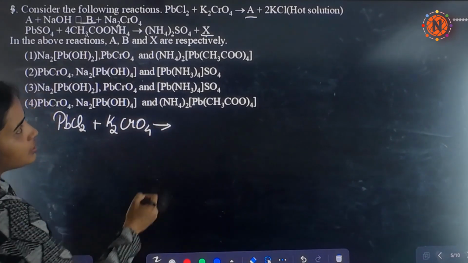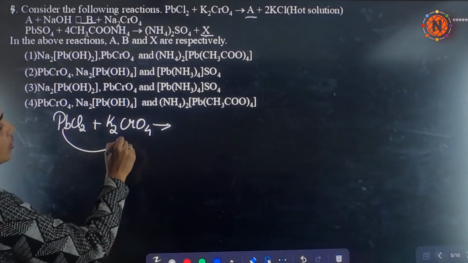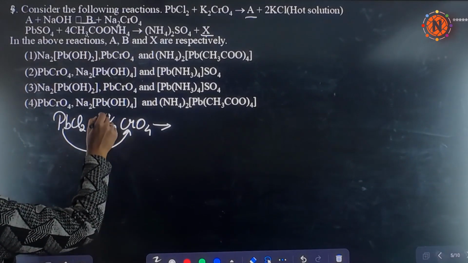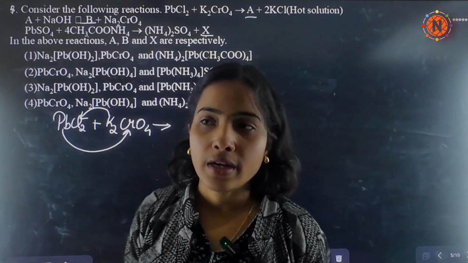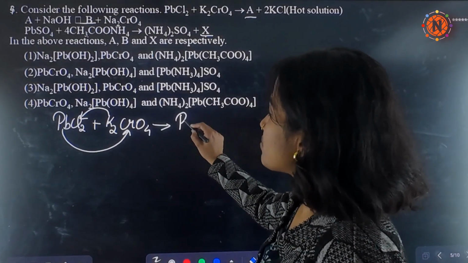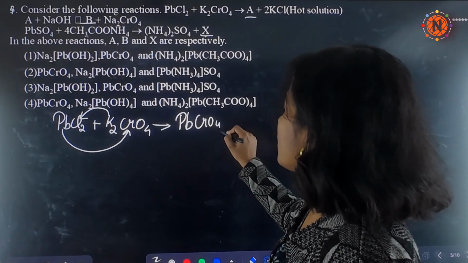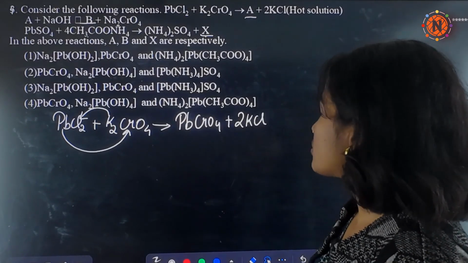Lead will react with chromate and potassium will form a bond with chloride, so it is a double displacement reaction producing lead chromate plus 2 KCl, potassium chloride.